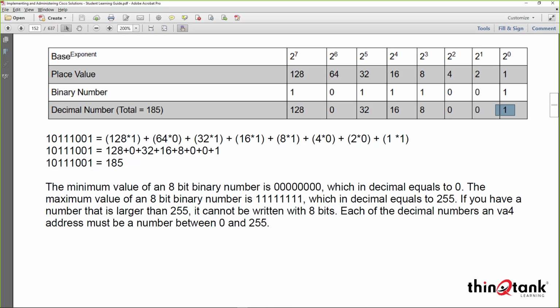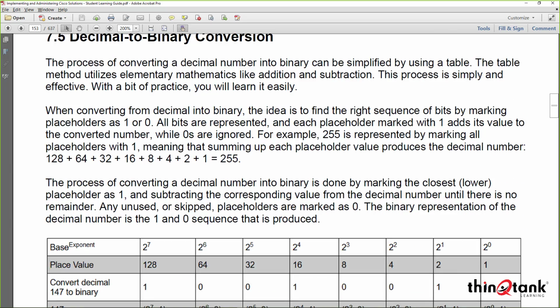So I don't need the 256 bit. But it's greater than 128. So I'm going to subtract 128 from 185, and then I'm going to keep doing that until I get to the final iteration, which gets me my final number. Hopefully that makes sense.